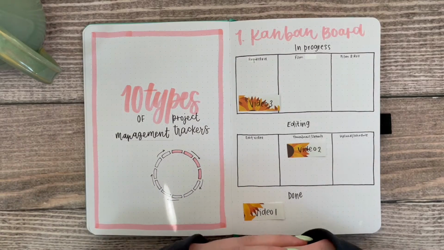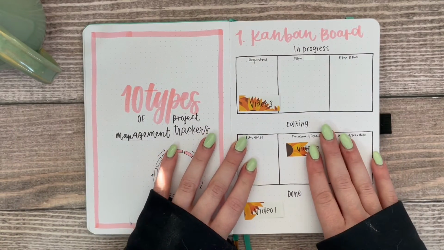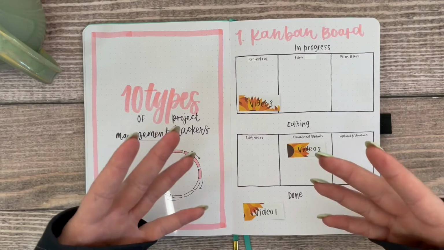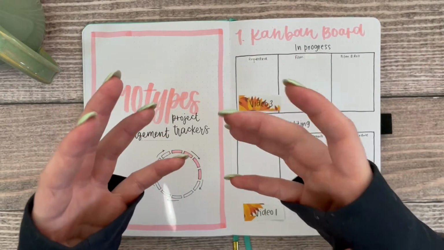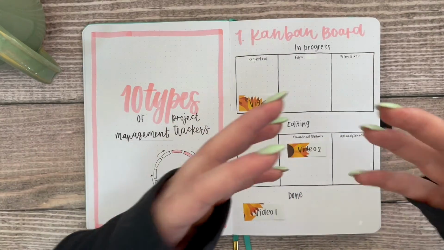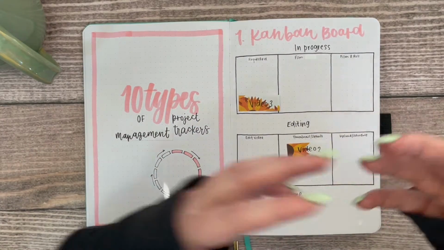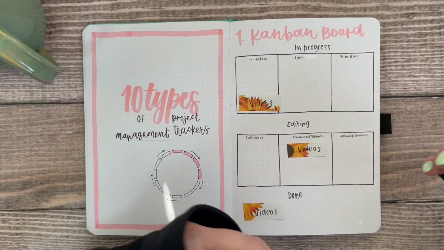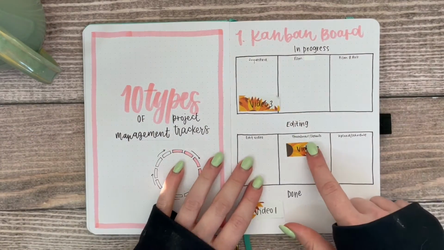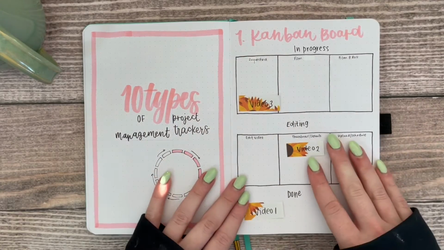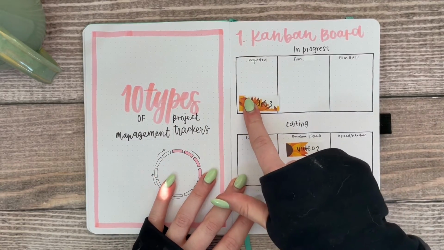If you want to do it in a bullet journal, a Kanban board is very easy. Basically, all you have to do is create buckets or categories of what types of phases an item moves through from beginning to completion. So for example, I did a video Kanban board, so requested videos.